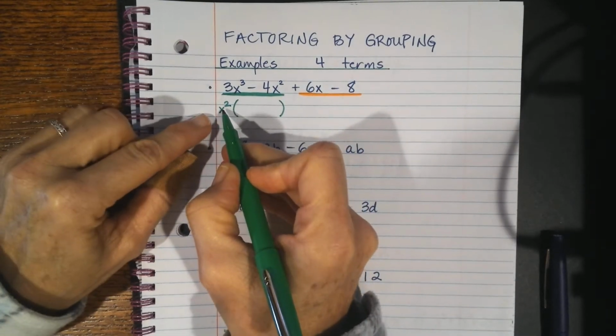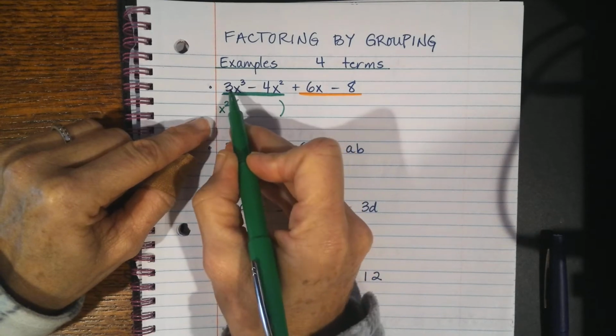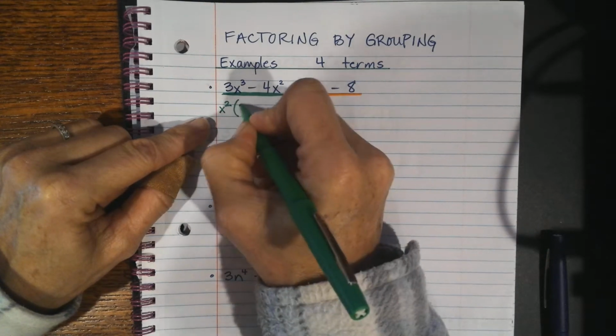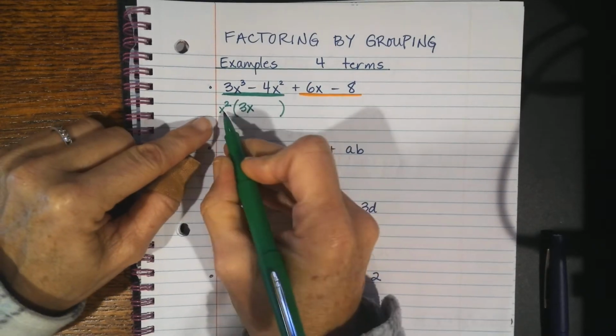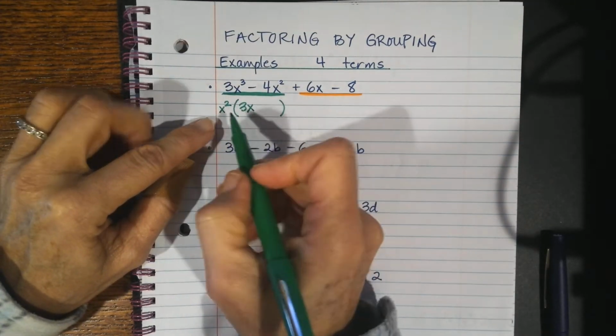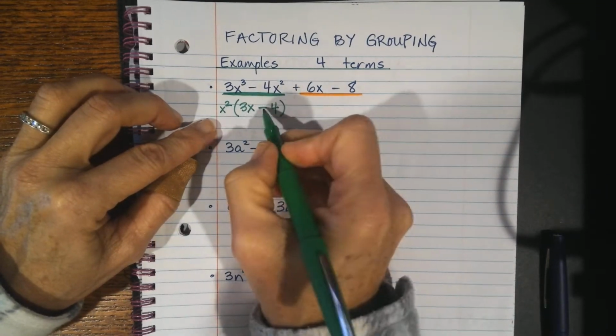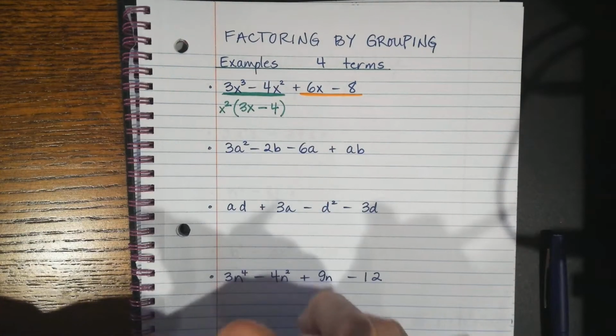And if I take an x squared out of this term, or in other words, this times this equals 3x cubed, then I get a 3x. X squared times 3x equals that. So those 2 are factored. And then if I take an x squared out of this one, it's going to be a minus 4 because minus 4 times x squared gives me that.